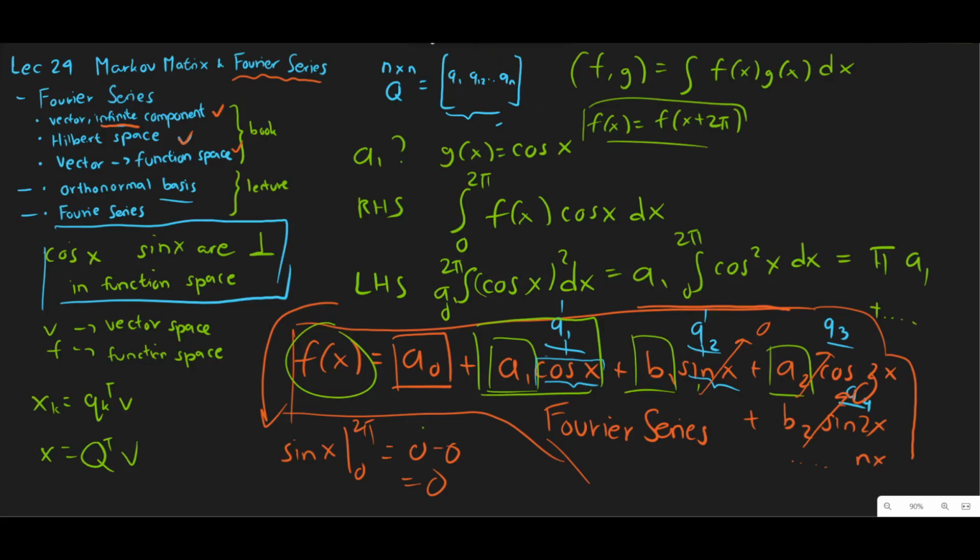So now we bring this together. a1 times pi equals the integral of f(x) cos x dx.